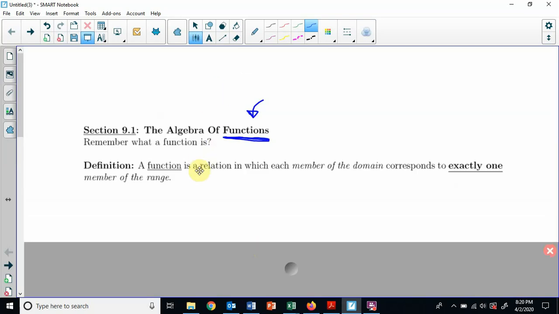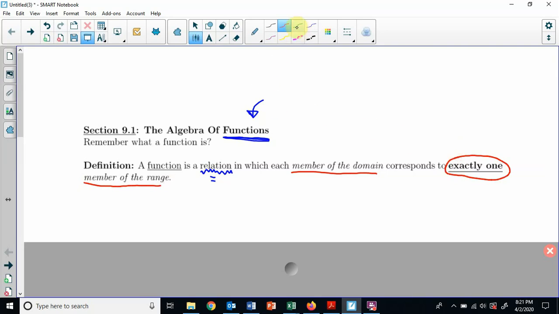Whenever we're talking about relations in math, those are things like equations, things where we are relating things with equal signs. So it's some sort of mathematical relation in which each member of the domain, I want to talk about what that is, corresponds to exactly one member of the range. And I put this part in bold and underlined because that's the important part.